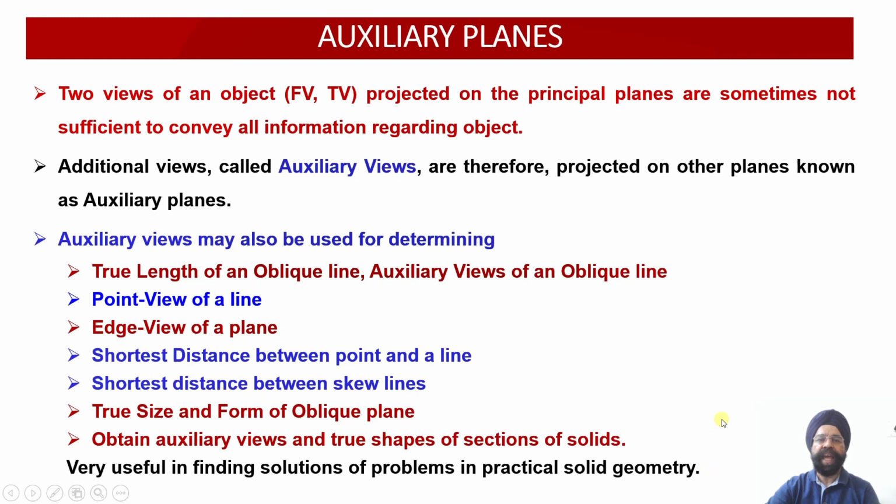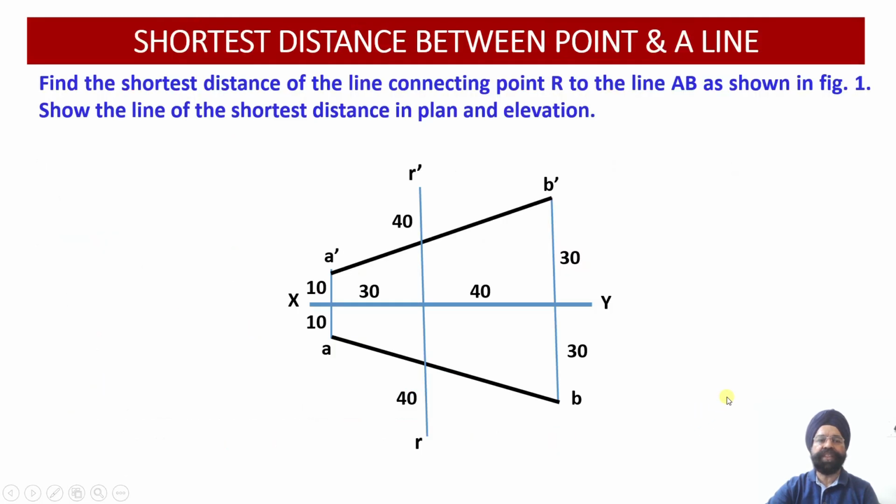The first application that we are going to discuss today is determination of the shortest distance between an oblique line and a point which lies in space. Here we have the projections of the oblique line AB. This is the front view of the oblique line, A dash B dash.